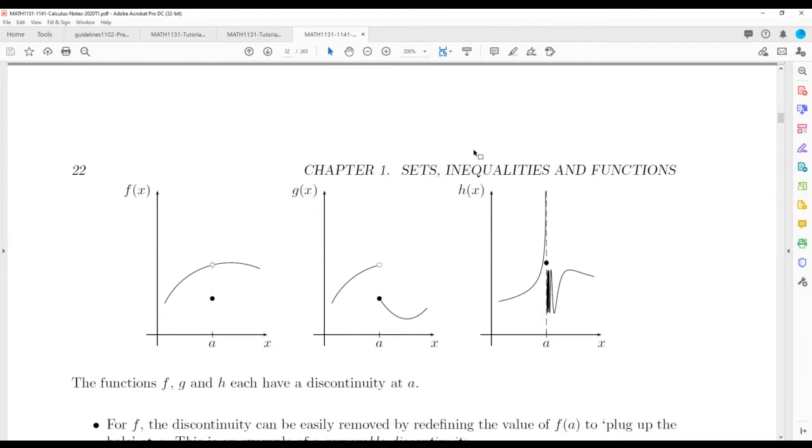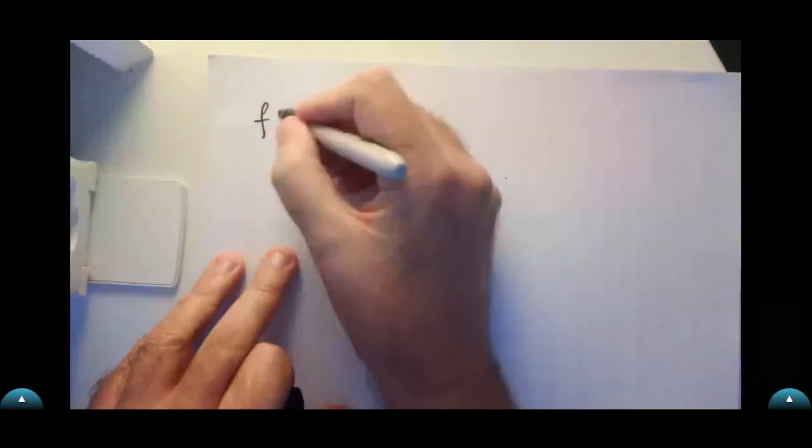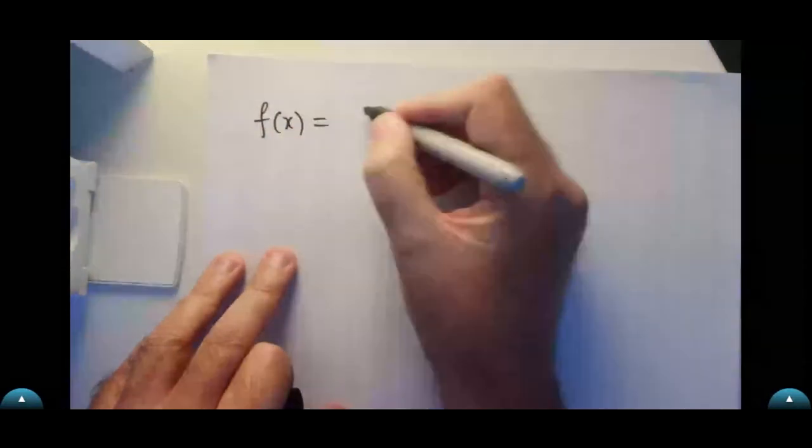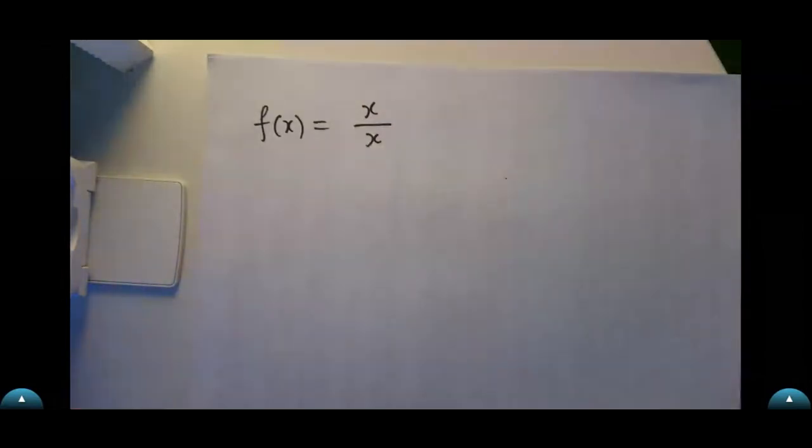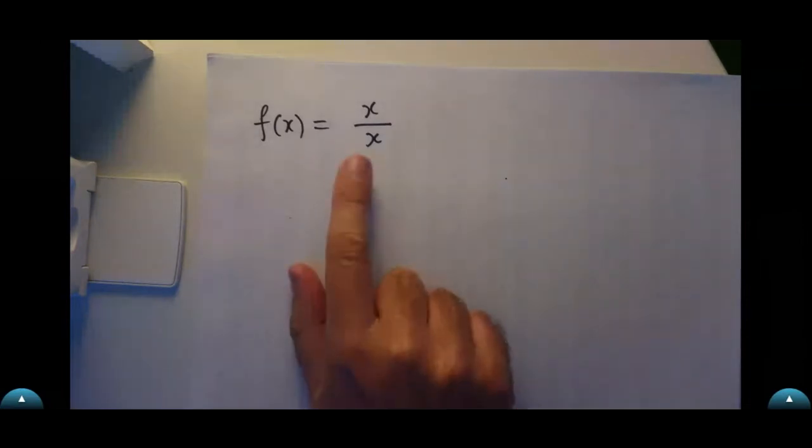Let me give you an example. I'll just write something down very simply here on my document camera. Okay, so if I have a function like this, that's my function, and I'm defining it to be my function.